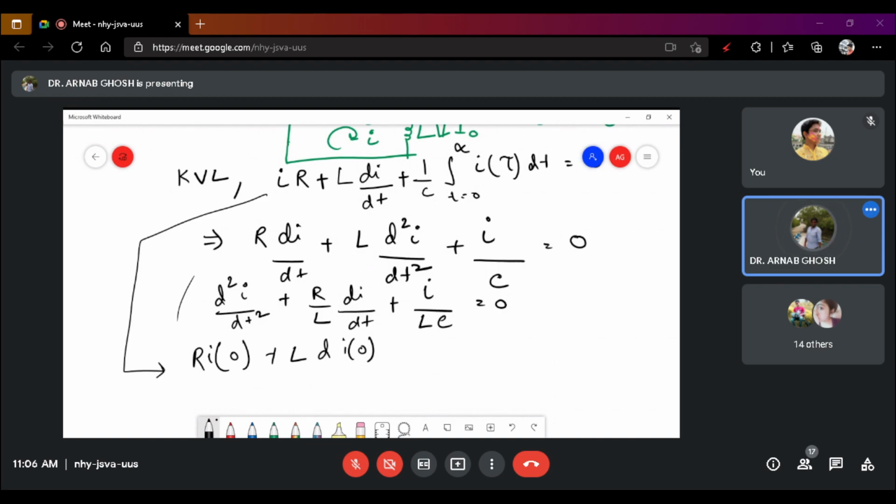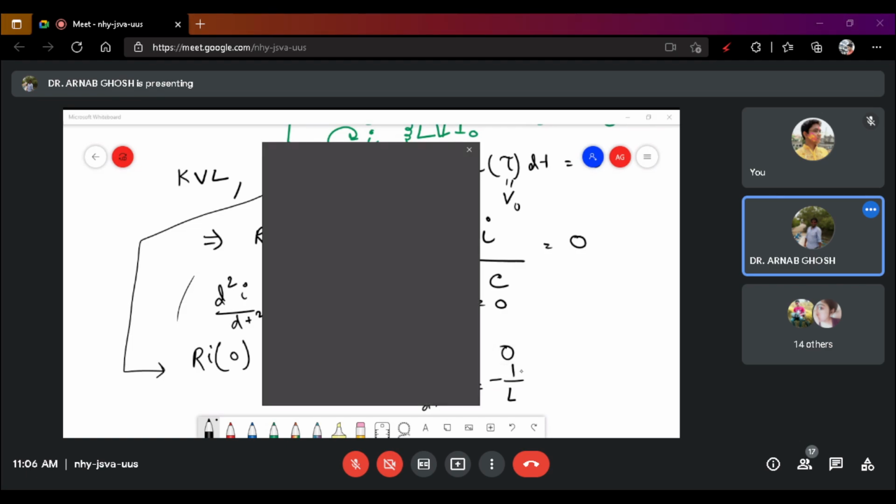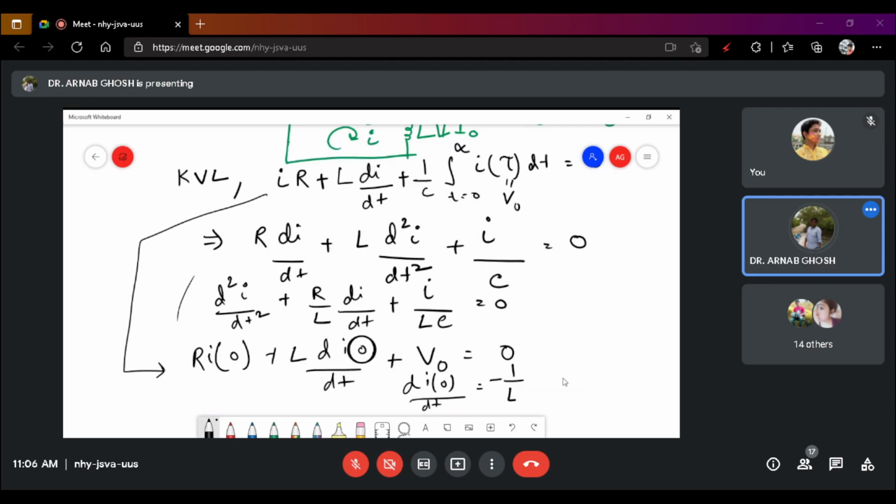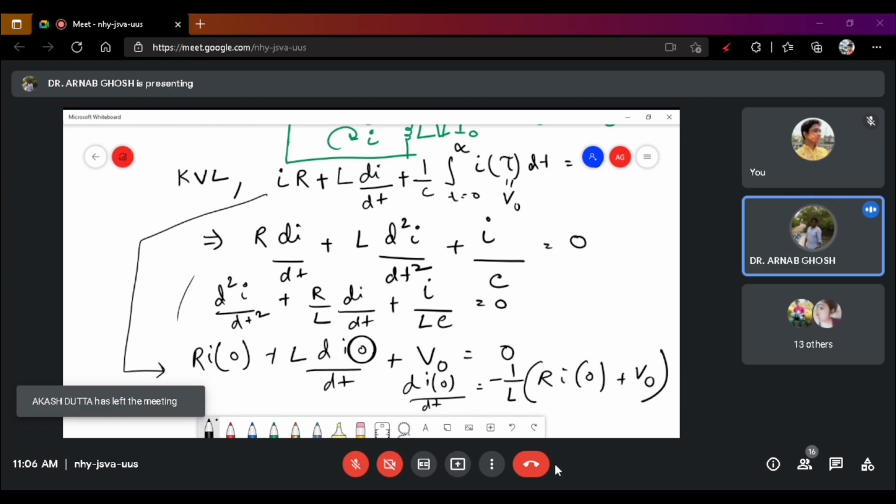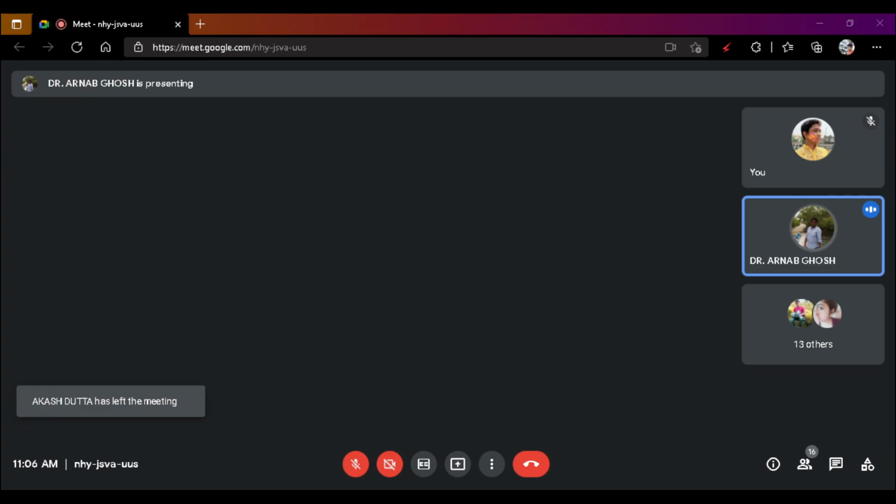So R I0 plus L di0 by dt plus V0 is equal to 0. So your di0 by dt will become equal to minus 1 by L, R I0 plus V0.